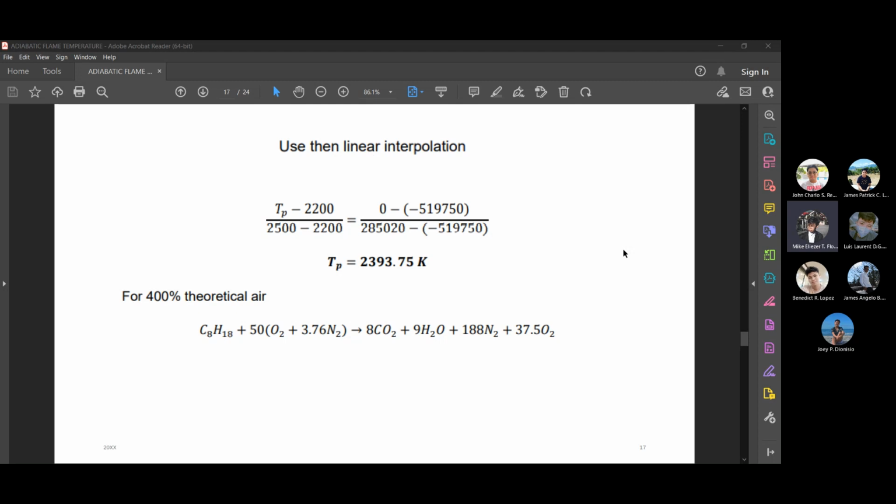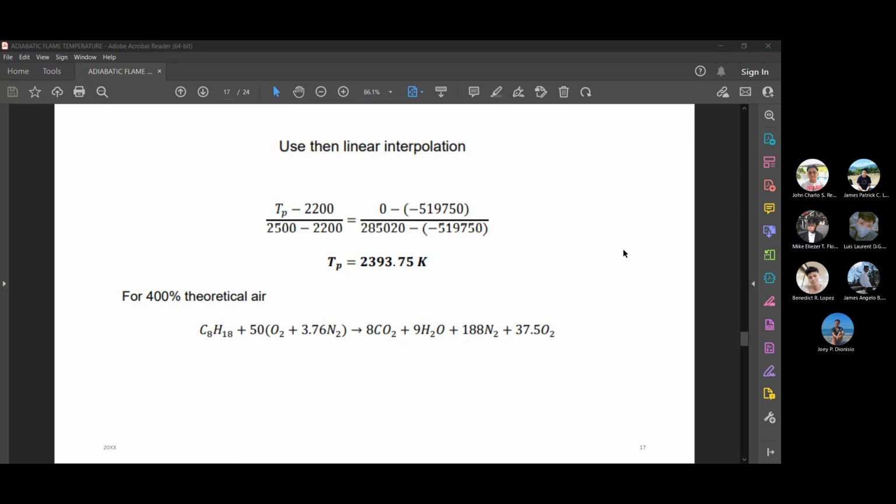Then, using linear interpolation to solve, we have the temperature of the product minus 2,200 divided by 2,500 minus 2,200 equals 0 minus negative 519,750, divided by 285,020 minus negative 519,750.